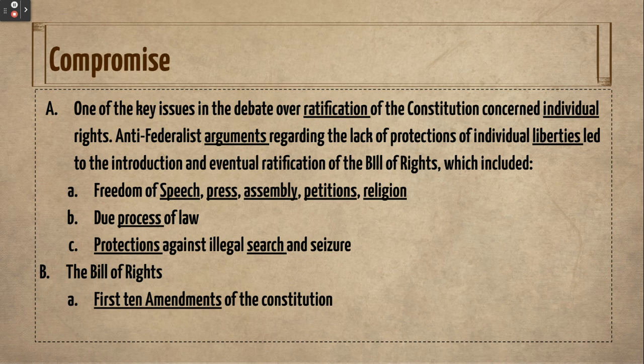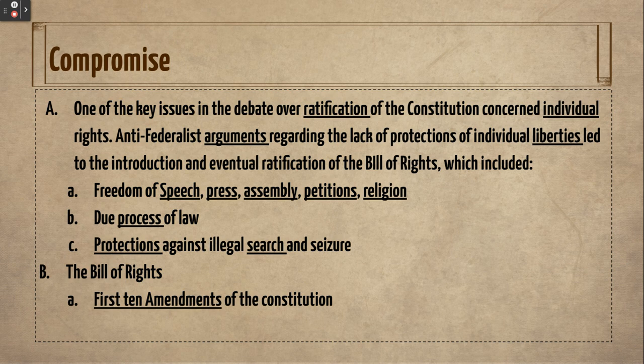In order to get the US Constitution ratified, the two sides compromised and they added the Bill of Rights to the document. The Bill of Rights is our first 10 amendments, some of which include freedom of speech, freedom of press, freedom of religion, freedom of assembly, and freedom to petition. This also includes due process of law, protection against illegal search and seizures, some of our basic core amendments.